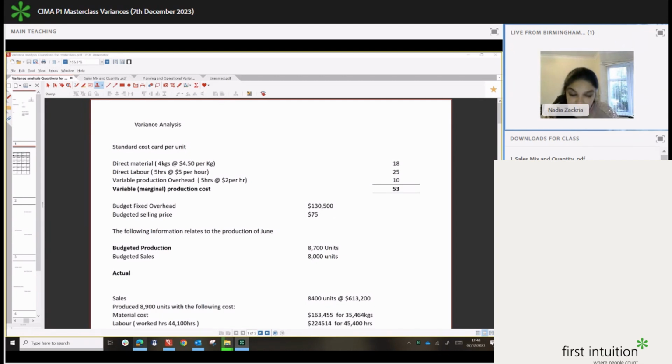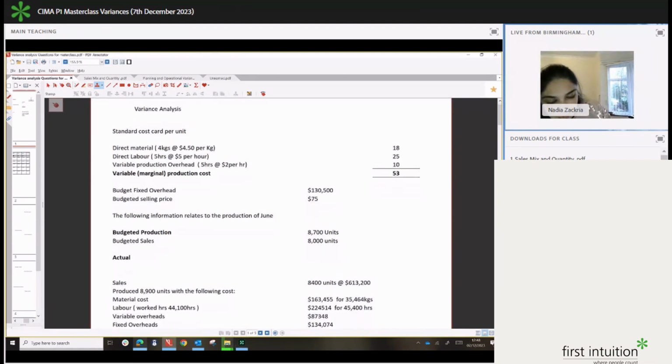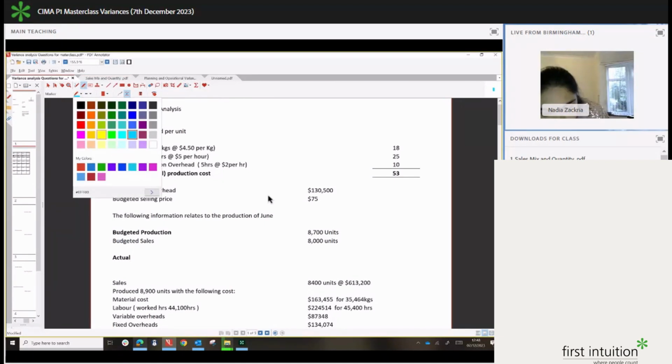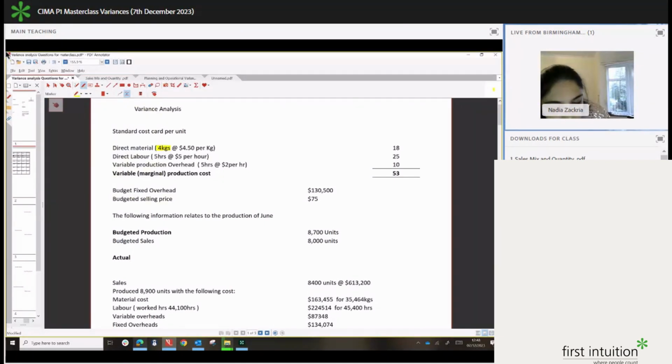Right, so what do we have here? We've got a standard cost card where we've been told direct material being used per unit. We're going to use 4 kgs per unit, and each unit should cost us $4.50 per kg. Direct labor hours, we use 5 hours per unit that we produce, and each hour we pay $5.